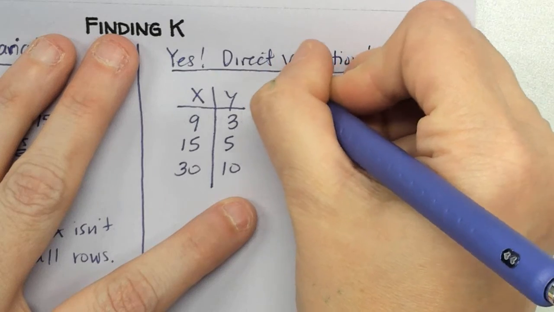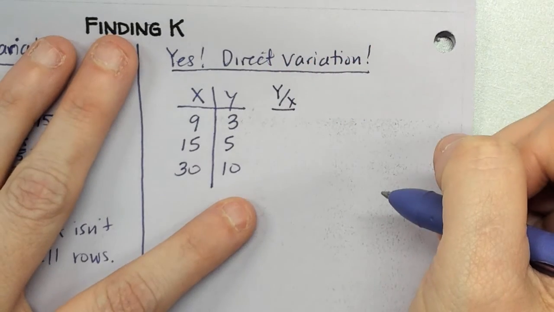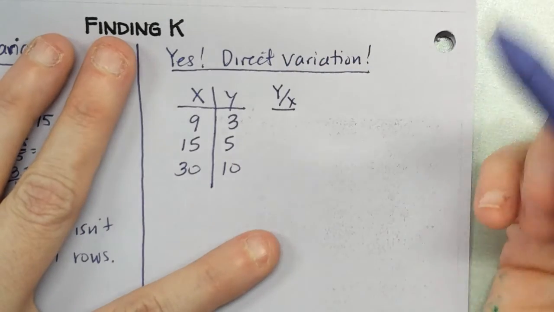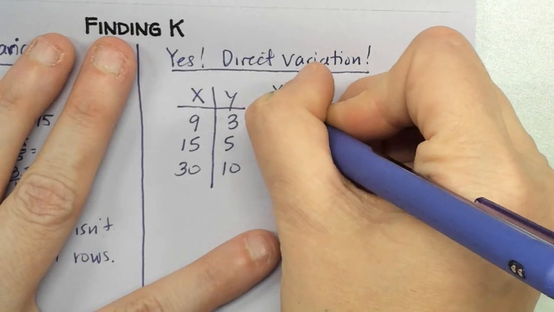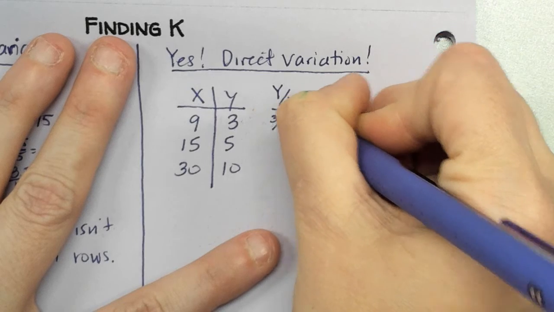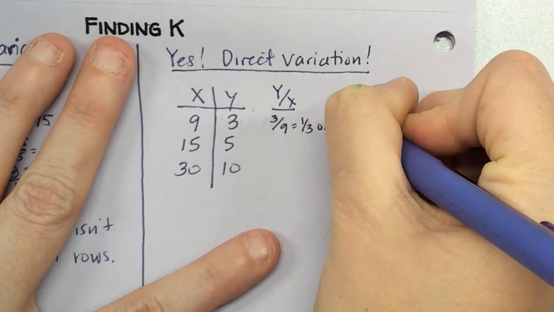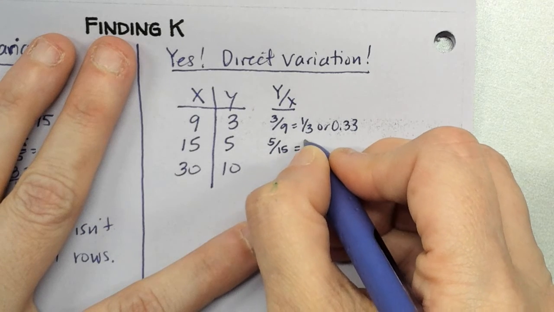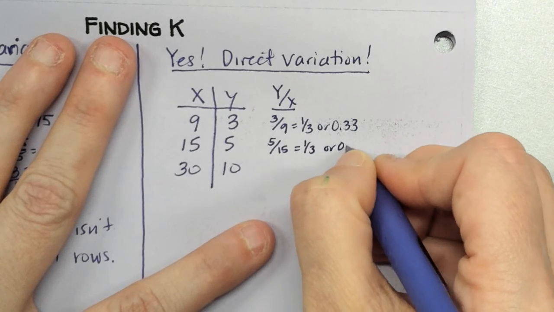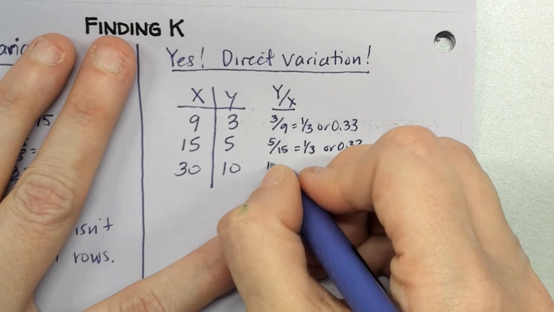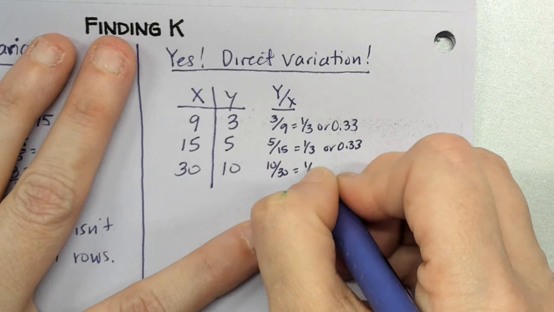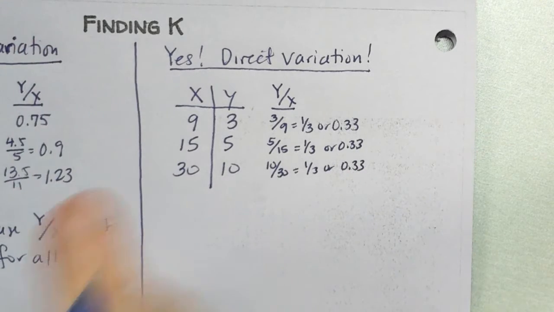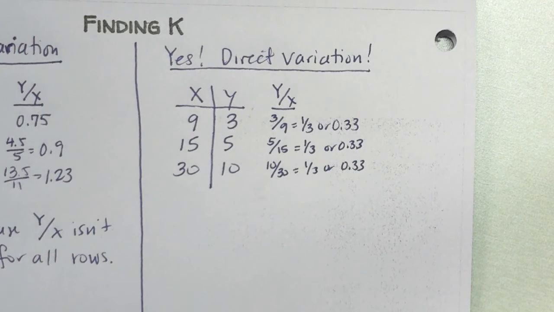So we're going to make ourselves a y over x column and calculate it for all of these. So I'll do that, you do that, and then you check and see if I did it right. When you're ready, check and see if I did it right.